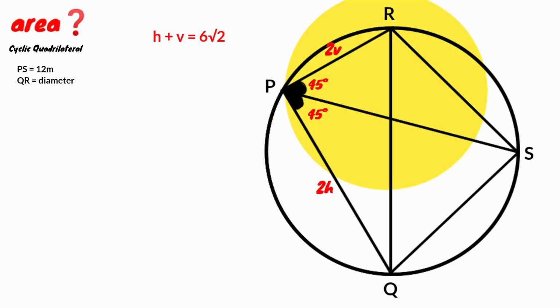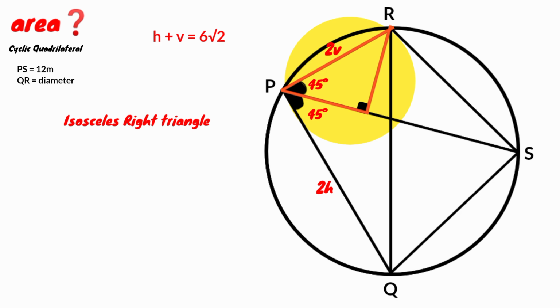Come here from vertex R. Construct a perpendicular to this side PS. Then take a look at this triangle. It is a right angle triangle and it has an angle 45 degrees. That makes it an isosceles right angle triangle. So this side and this are congruent. If we let this be Z, this must also be Z. Now since the triangle is right, we can use the Pythagorean theorem on it.